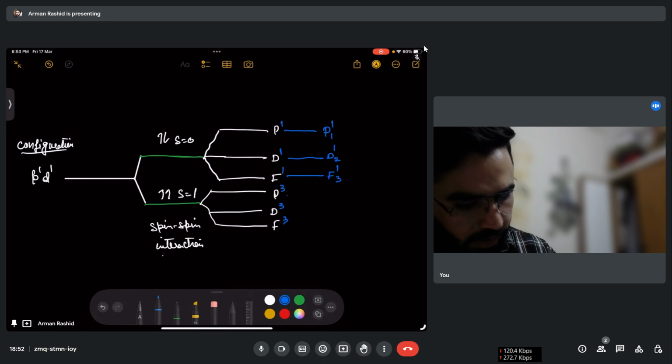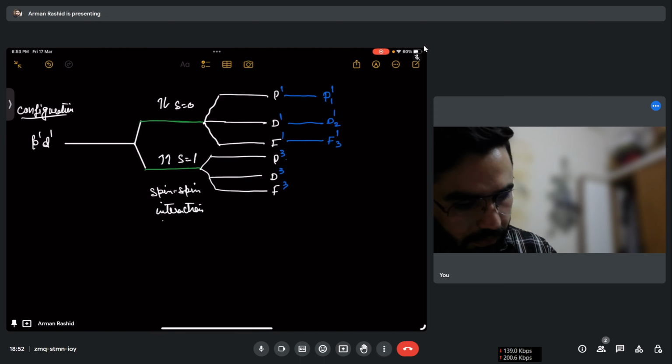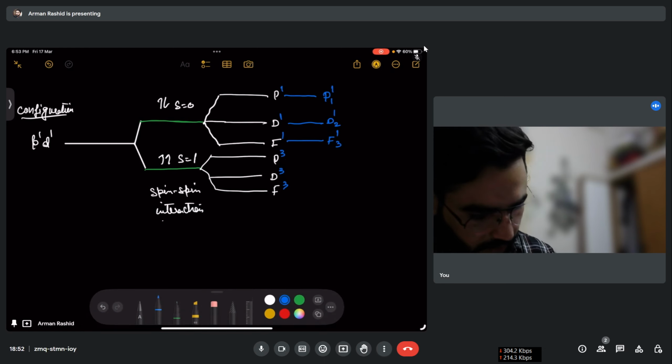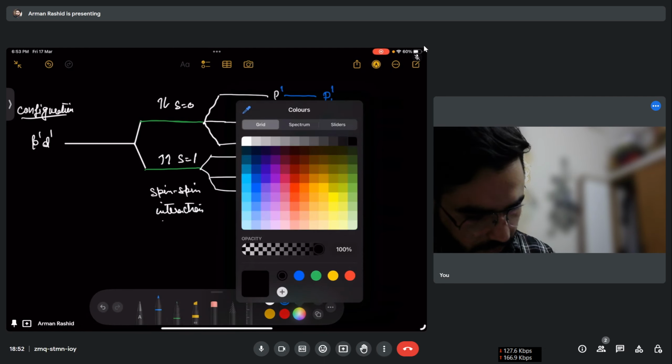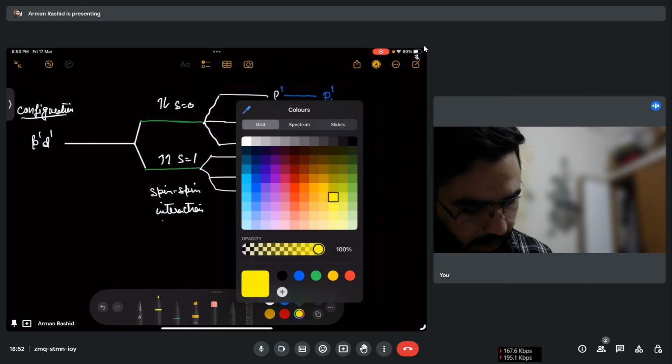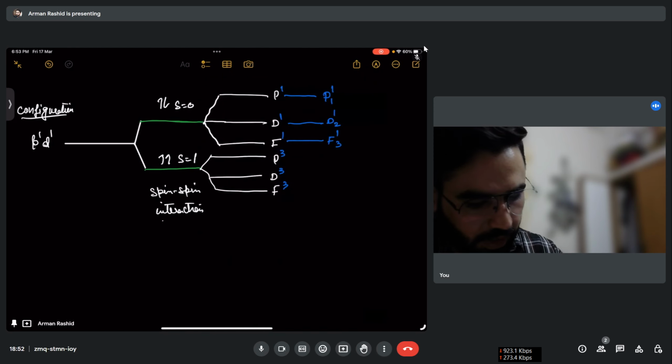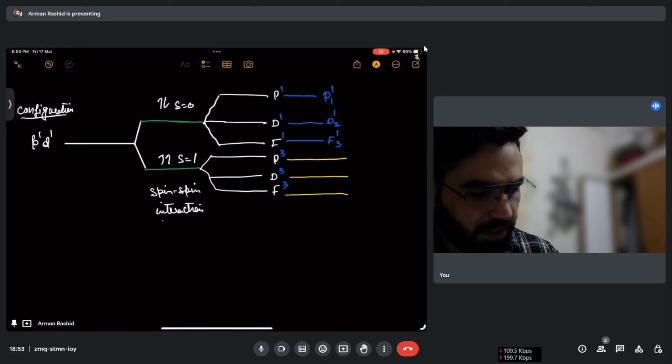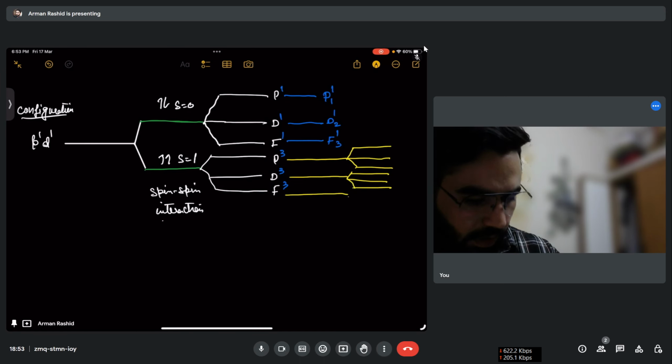Now this P, if we use this color, this gives some more states. This gives 3 states. Similarly this gives 3 states, and this gives 3 states.